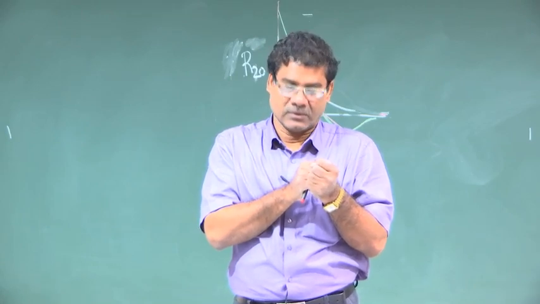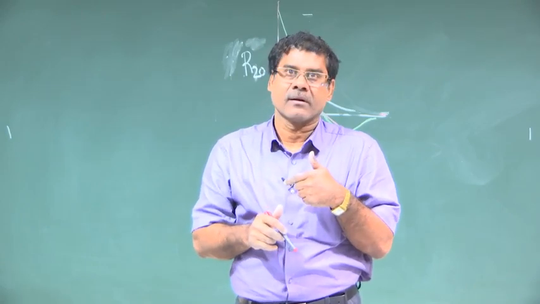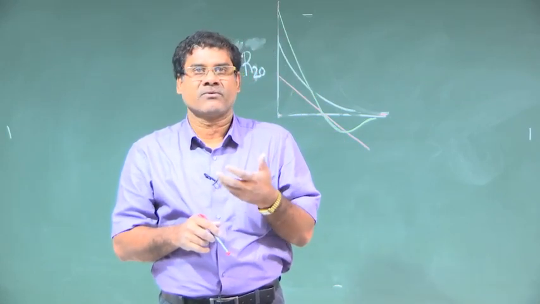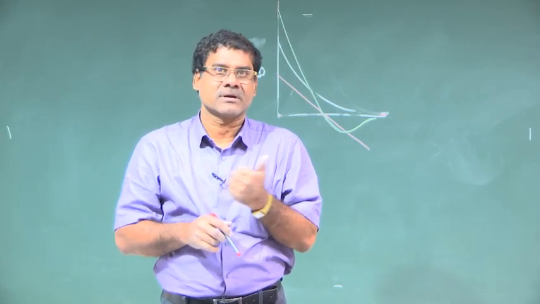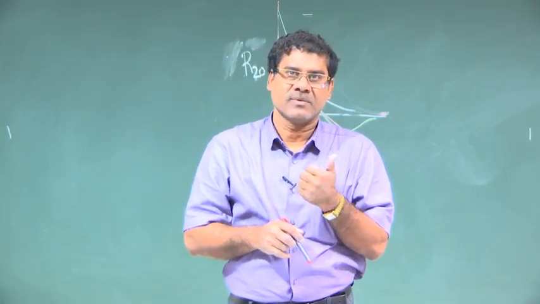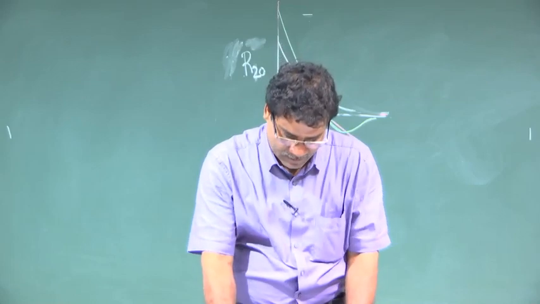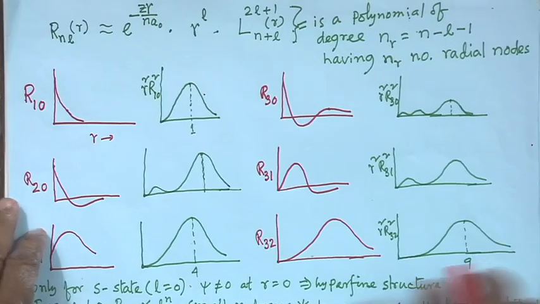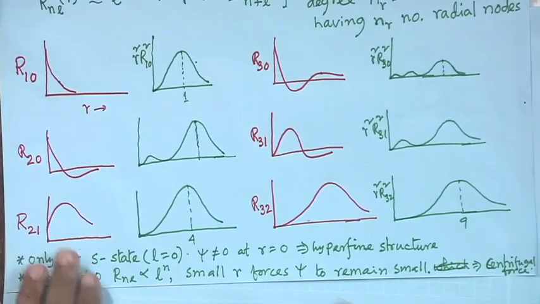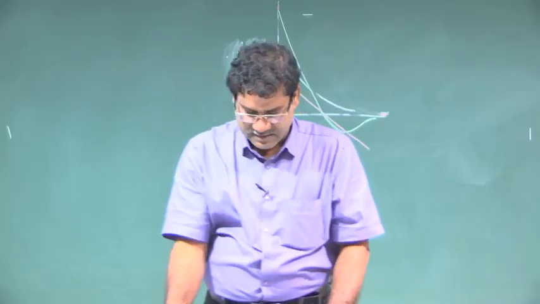That is why when L value is higher, the possibility to find the electron towards the nucleus, r tends to 0, will be smaller and smaller. These are the information one can extract from the radial wave function.